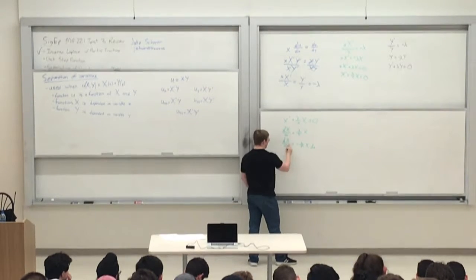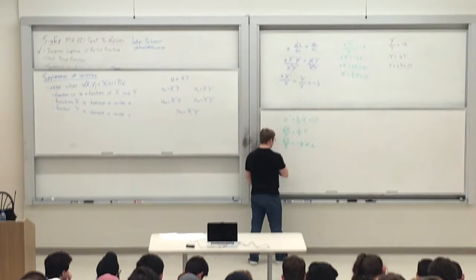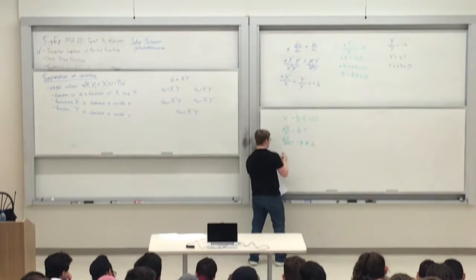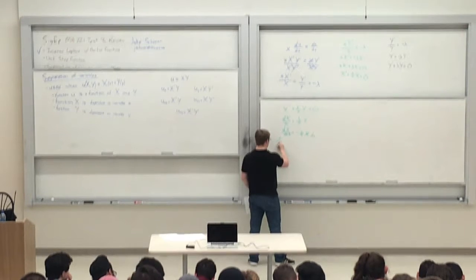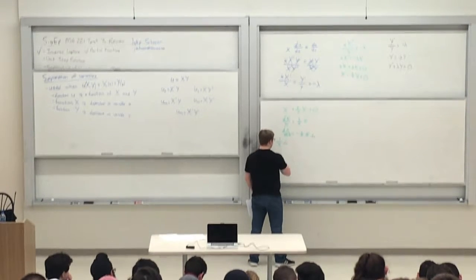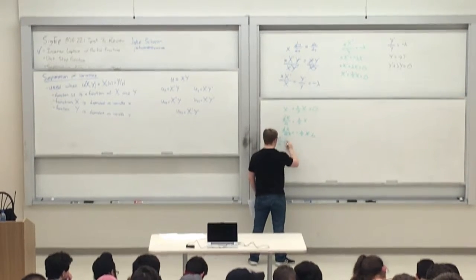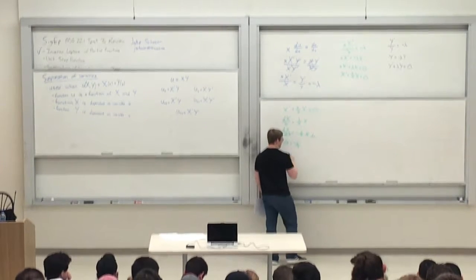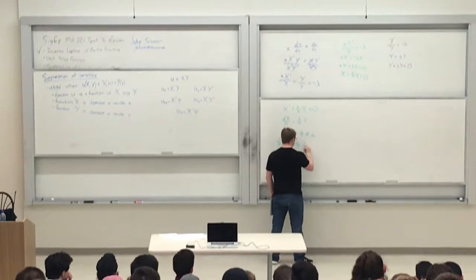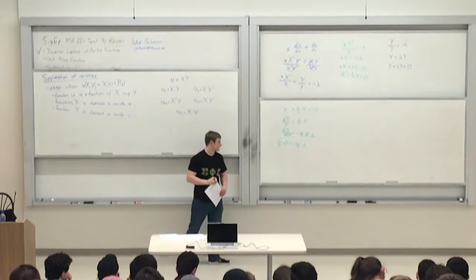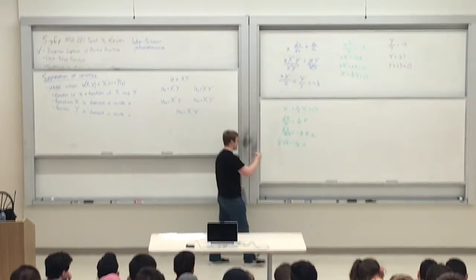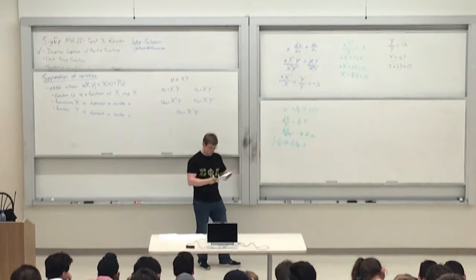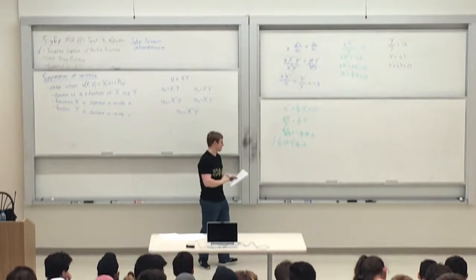I'm going to take this capital X and divide it over here. And what I'm left with is 1 over capital X d capital X is equal to negative lambda over lowercase x d lowercase x. And now I can just take the integral on both sides and I'll have an answer.